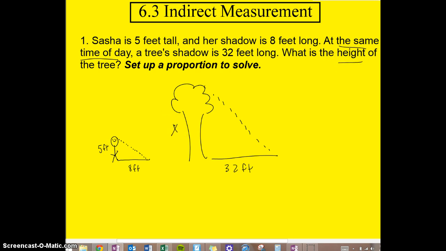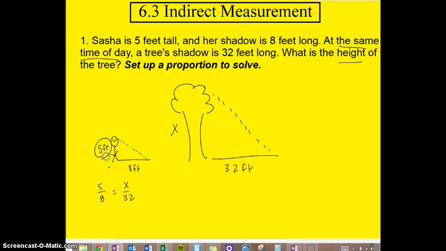Now, if you ignore the pictures for a second, basically what you have is a triangle that has 5 and 8, and a triangle that has X and 32. So think about that as we set up this proportion. There are a number of ways you can do it. If we compare the height to the shadow, we could say 5 over 8 equals X over 32.